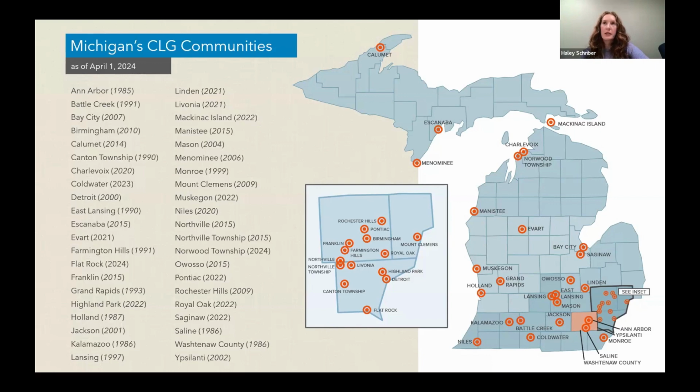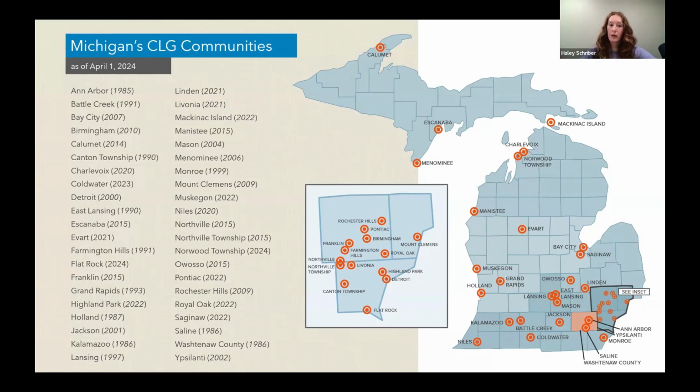But for this upcoming cycle, it's $240,000 that will then be divided up amongst the grantees. We have a grant manual, which we can also send a link to, and it includes the requirements and scoring criteria for anyone who applies. So we're very transparent about which kinds of projects are going to get you a higher score.